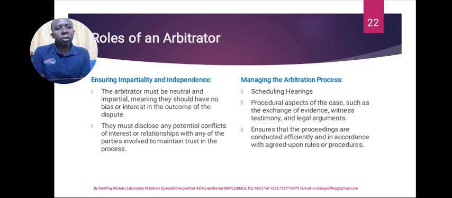So they must disclose any potential conflicts of interest in relationship to any of the parties involved, if any. In as much as these parties have appointed you as their arbitrator, when you realize that you have some conflicts of interest, either you could be a brother to one of the disputing parties, you could be a relative, you could have been a boyfriend, a girlfriend, you could have been possibly a teacher, and there are things that you feel cannot put you in a position to make a neutral decision, please declare and excuse yourself.